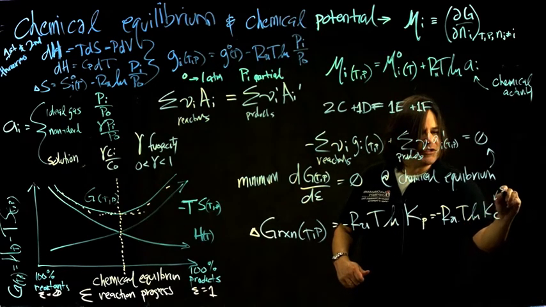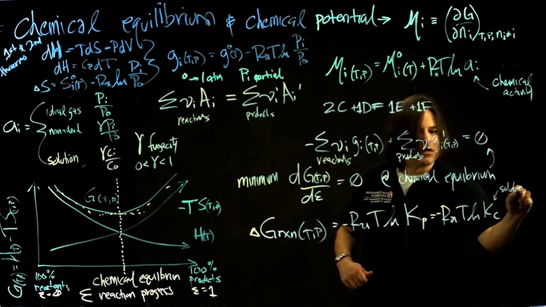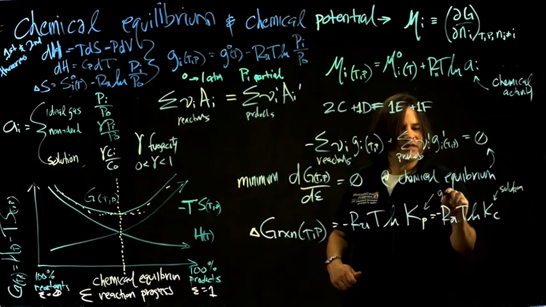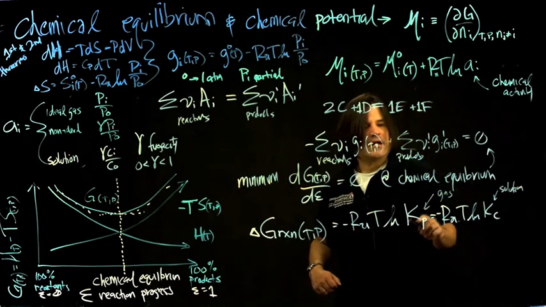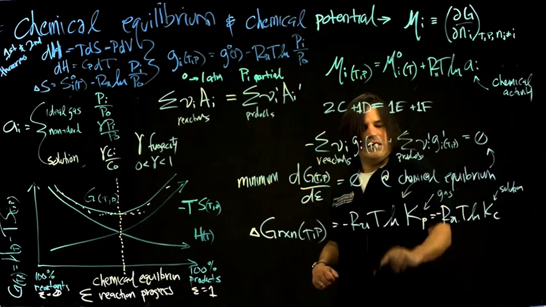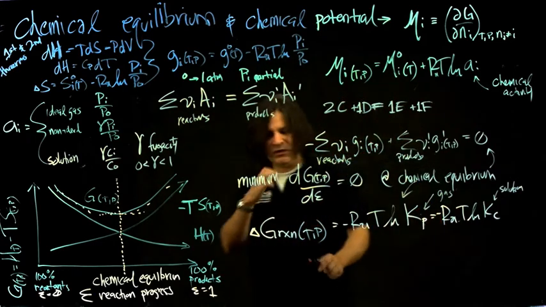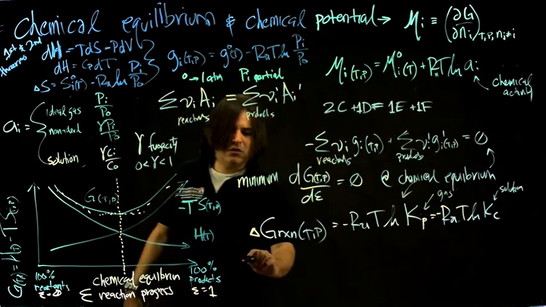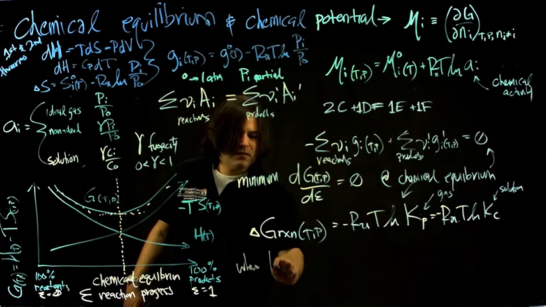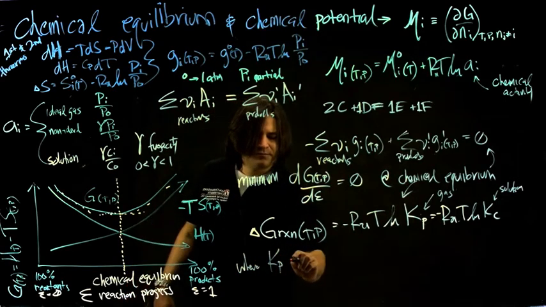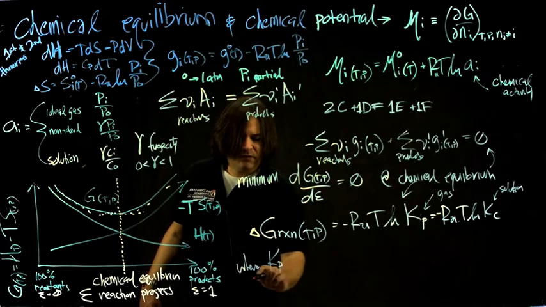So this is solution, C as in concentrations, this is gas phase at chemical equilibrium, and that's what this is. It's an equilibrium constant, where Kp is the equilibrium constant.